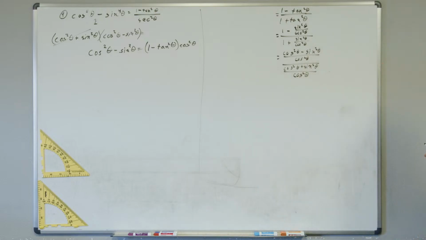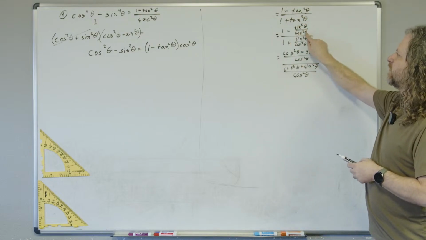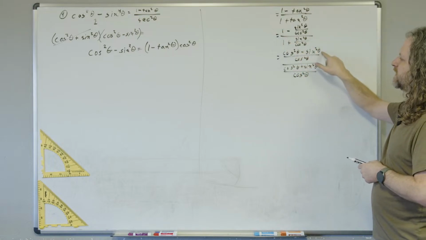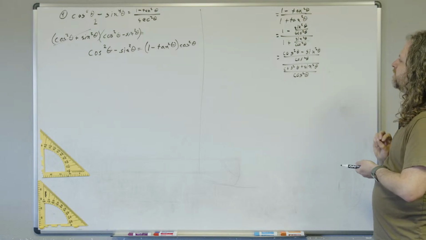That's just combining these into single fractions. This numerator here, cosine squared times 1, and adding the numerators together, cosine squared minus sine squared theta. Same thing in the denominator.